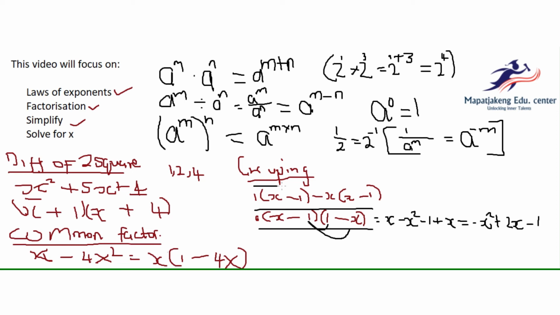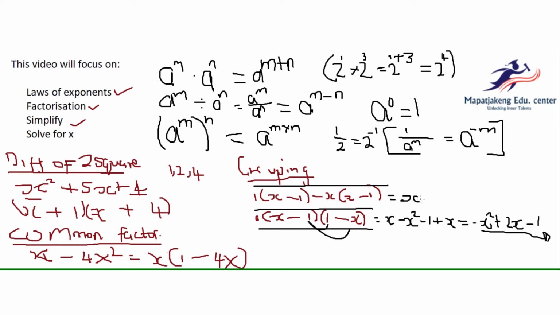Even if we simplify this, we have to get this, to ensure that we factorized correctly when we're using grouping. But now we are doing simplify.